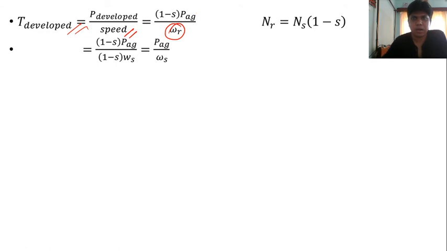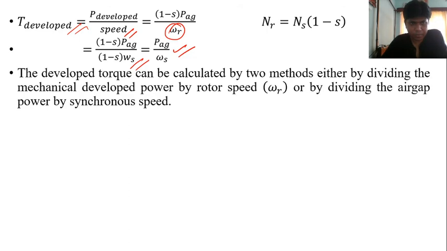Now when we put the value of the rotor speed in terms of synchronous speed, this developed torque becomes the air gap power divided by synchronous speed.